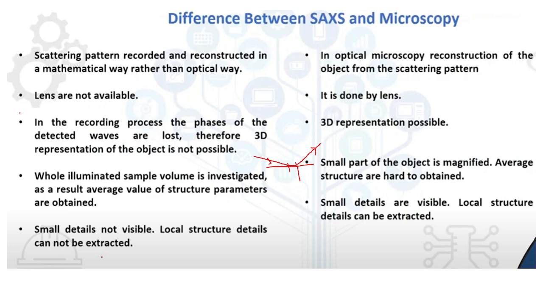That's also why small details are not visible, and local structural details cannot easily be extracted from small angle X-ray scattering. In electron microscopy, a magnetic lens is used to make the beam more intense and get more resolution, and a small part of the object is magnified, so average structures are hard to obtain. We will get the exact structure from electron microscopy. We will discuss that later.